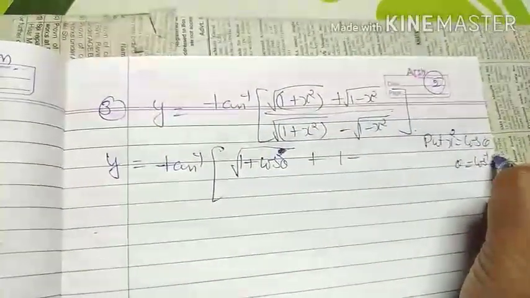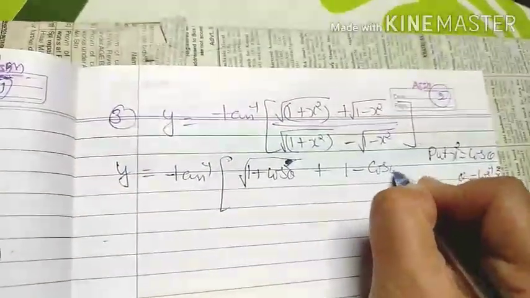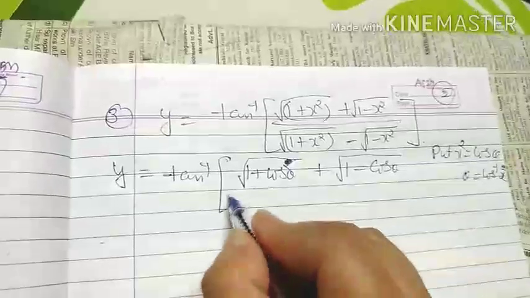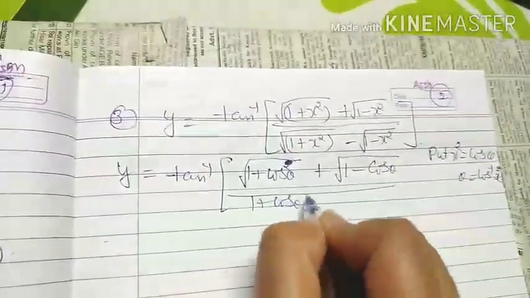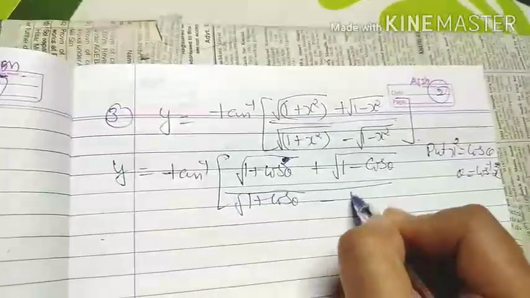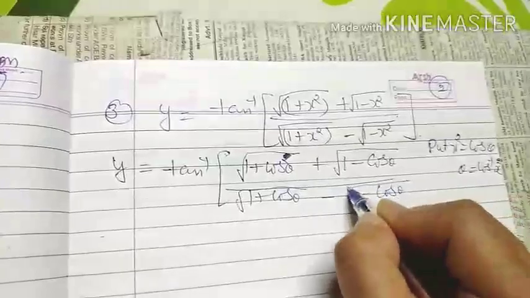So that is theta equals cos inverse x square. So 1 minus cos theta. Here also 1 plus cos theta and the negative sign, 1 minus cos theta.